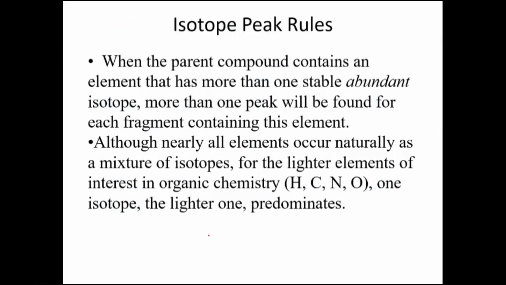When the parent compound contains an element that has more than one stable abundant isotope, more than one peak will be formed for each fragment containing this element. Although nearly all elements occur naturally as a mixture of isotopes, for the elements of interest in organic chemistry, hydrogen, carbon, nitrogen, oxygen, one isotope, the lighter one, predominates.